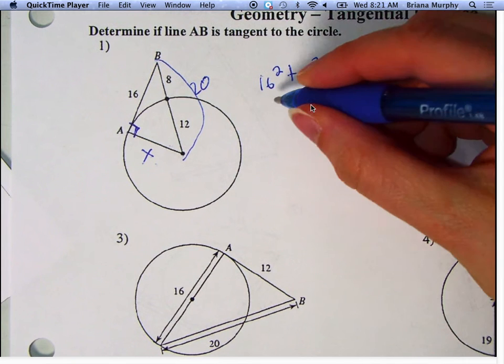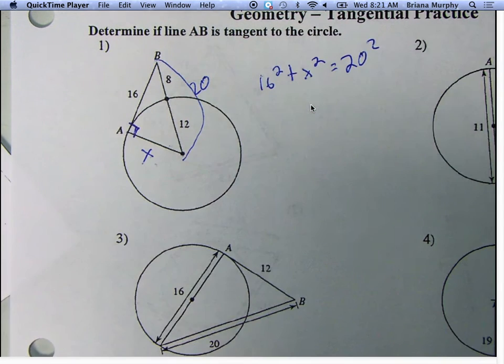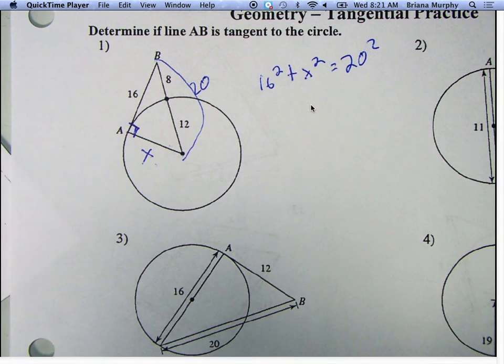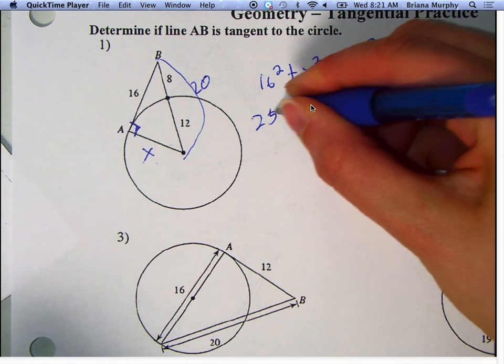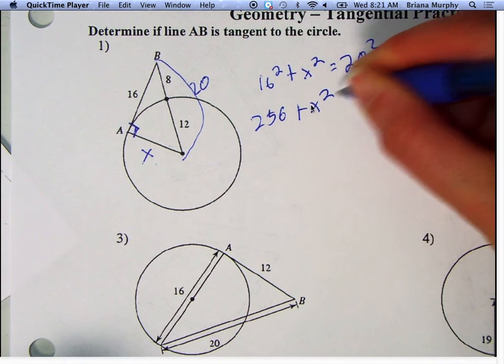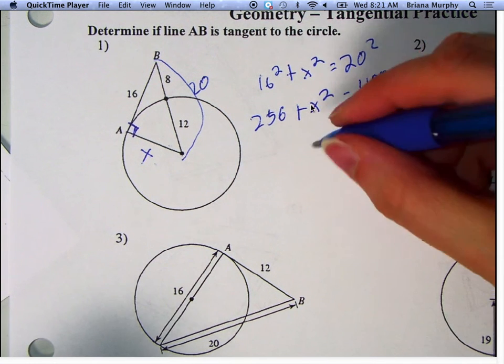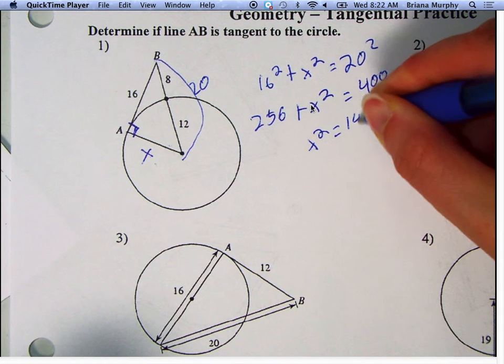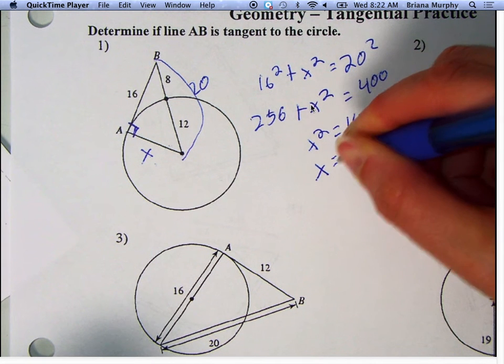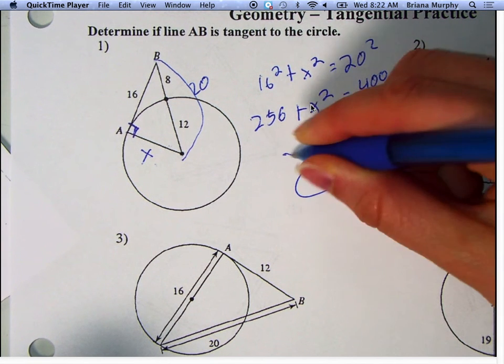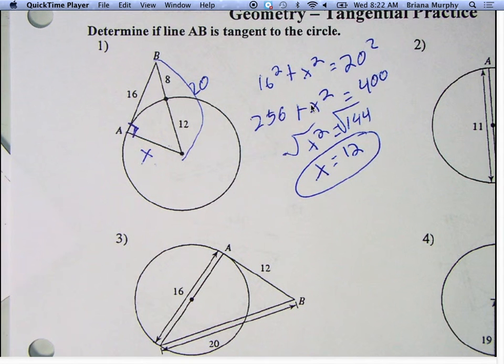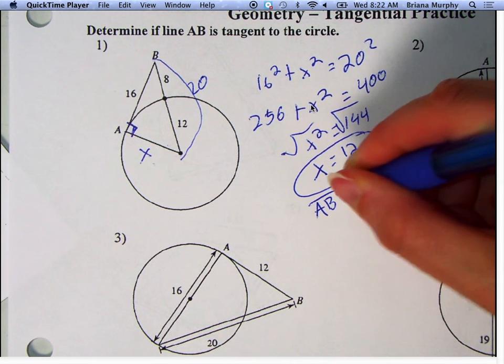Good. So I'm going to say 16 squared is 256 plus x squared equals 400. 400 minus 256 gives me 144. So x equals 12, the square root, which is the radius, so it is tangent. AB is tangent.